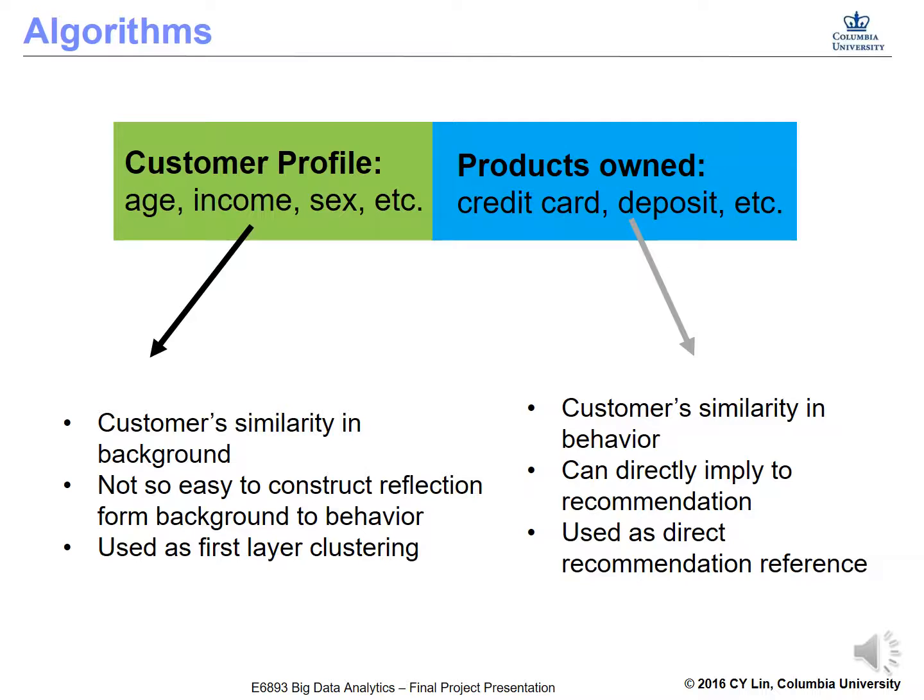The first part shows the similarity of customers in their background, and the second part shows the similarity in their behavior. We found it's not so easy to construct a direct reflection from background to behavior. So we decided to use the first part as the first layer clustering, and then use the second part to directly recommend the products to the user.